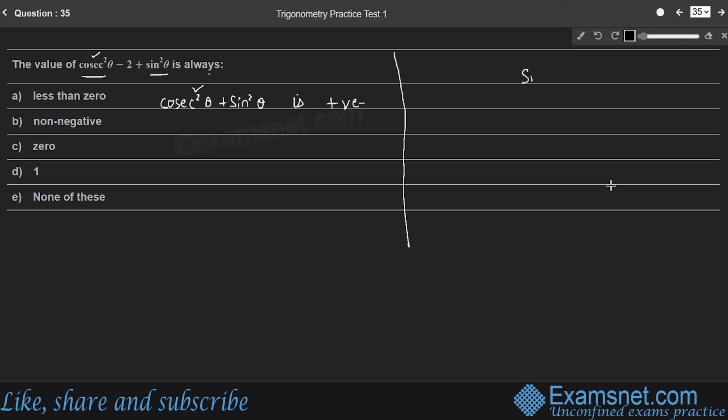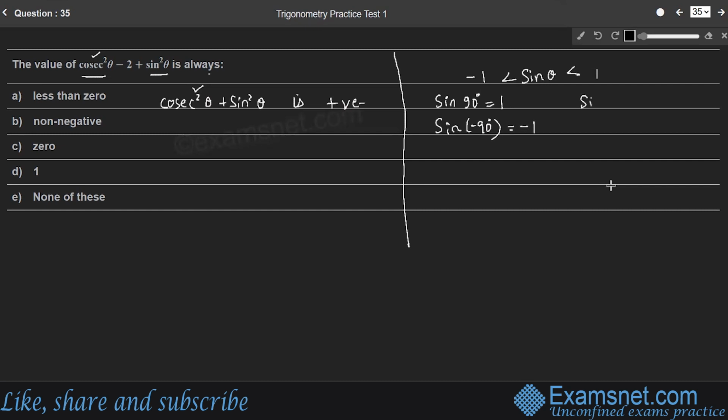So here, the range of sin theta is -1 to +1. Why is it -1 to +1? For example, consider an angle of 90 degrees, sin 90 is 1, right? Whereas sin of minus 90, since sin of minus theta is minus sin theta, is -1, right?